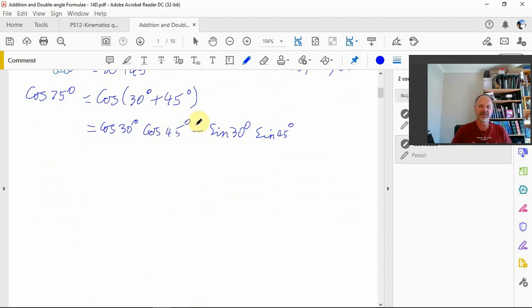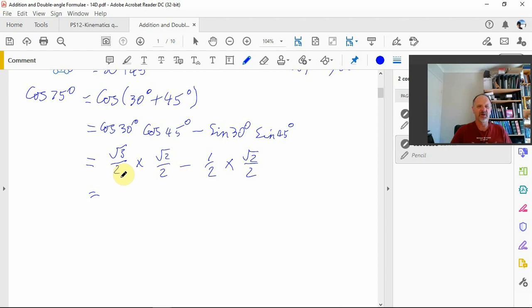All right, now those things we know the exact values of. So the cos of 30 is root 3 on 2. If you need to check that, go to your triangles. Cos 45, root 2 on 2. Sine of 30 is a half. And sine of 45 is root 2 on 2.